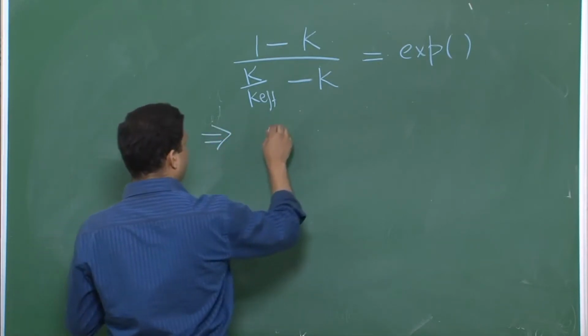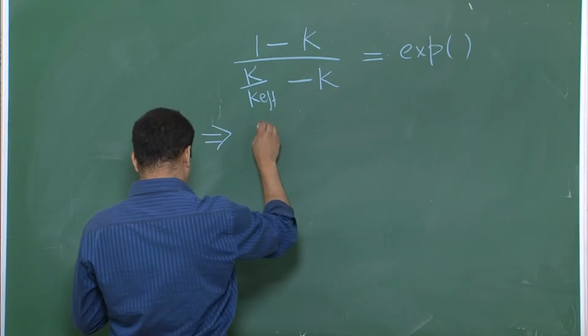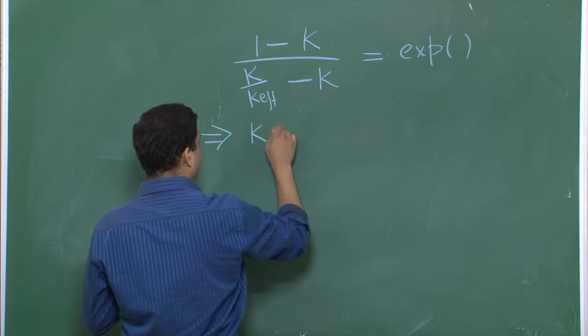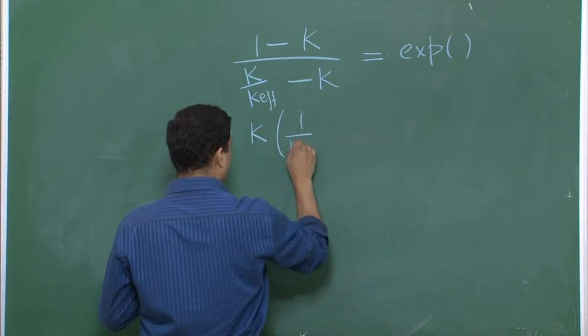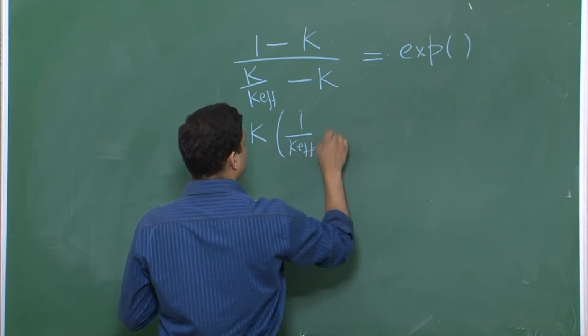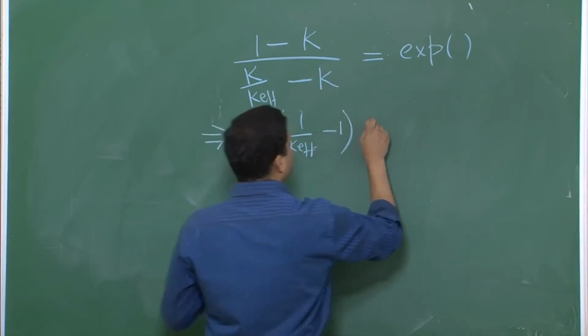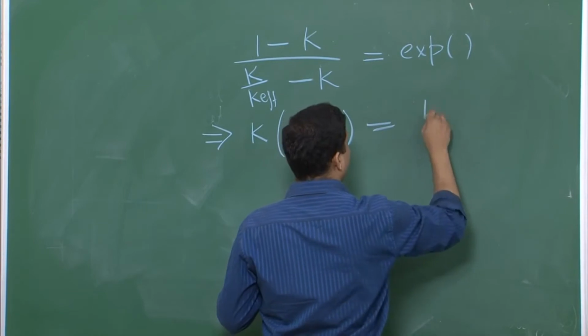Or we can write this, take this whole thing over onto that side, and therefore this becomes K, 1 over K effective minus 1 equal to 1 minus K divided by this term.